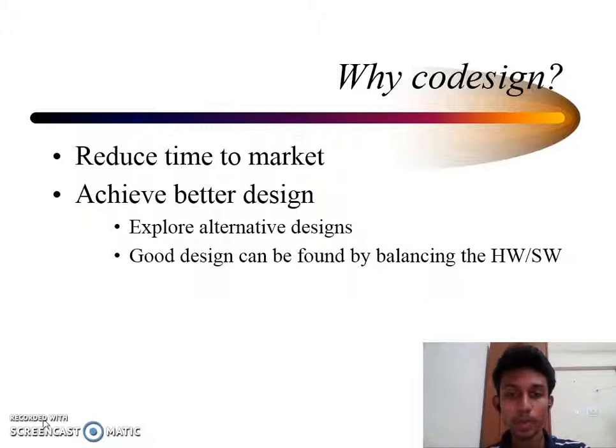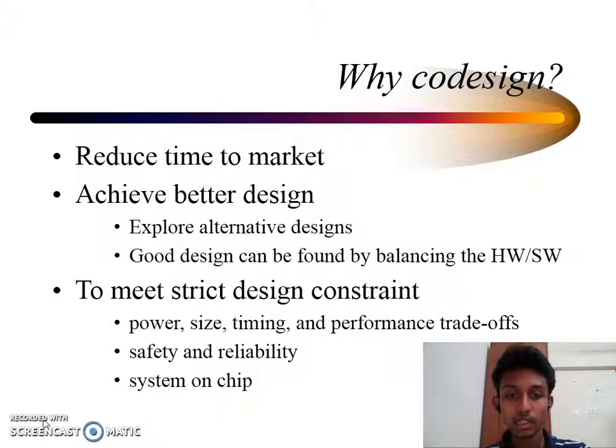A good design is found by balancing the hardware and software. To meet strict design constraints is very important. Power, size, timing, and performance, all these constraints are very important, and we have to meet all these constraints with our design. So for this, co-design is very important. Co-design is also important for safety and reliability and system on chip.